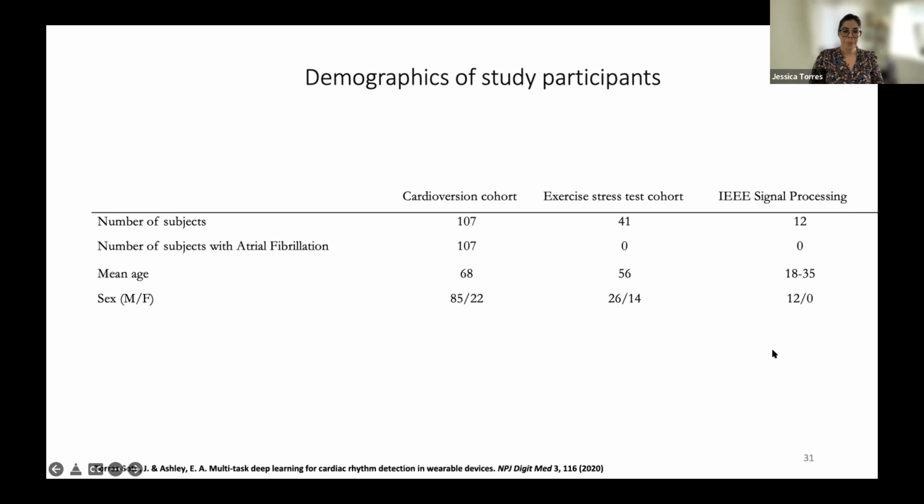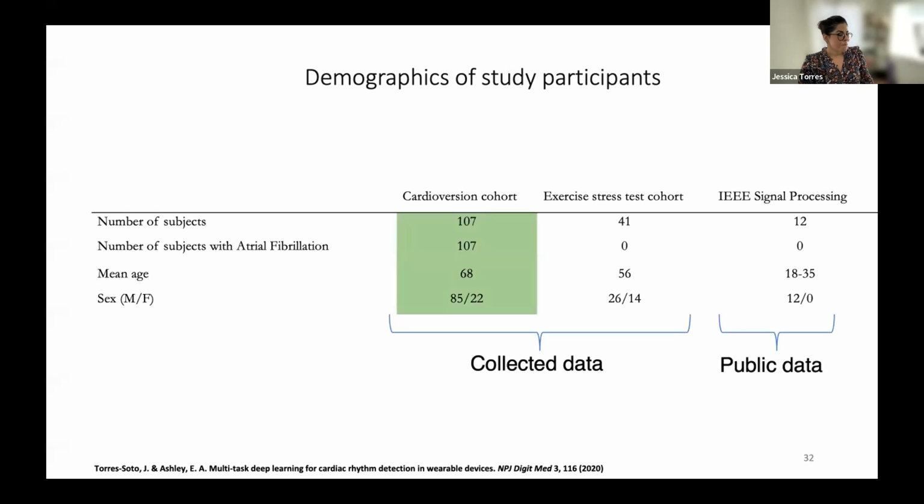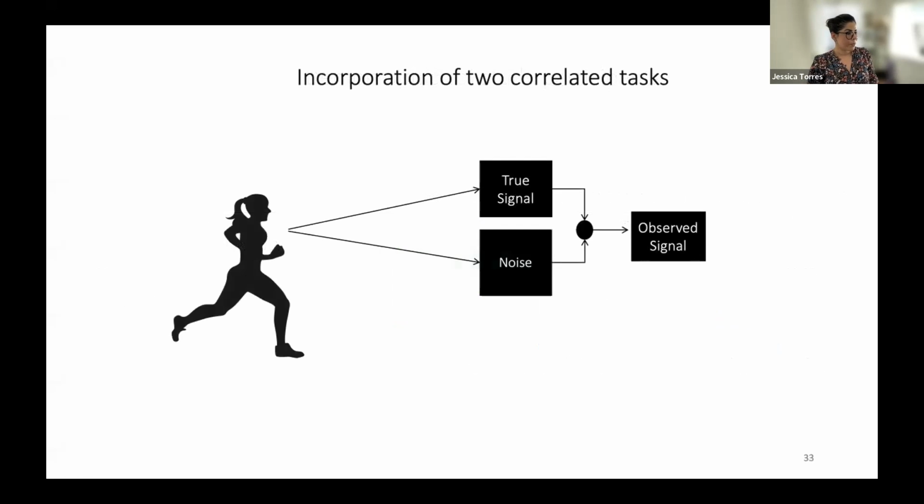The whole point is that we try to include as much publicly available data as possible. The AF would be our target, and then we also included the 41, which would be other cardiovascular issues that are not directly AF. So again, my collected data and my public data are denoted right there.